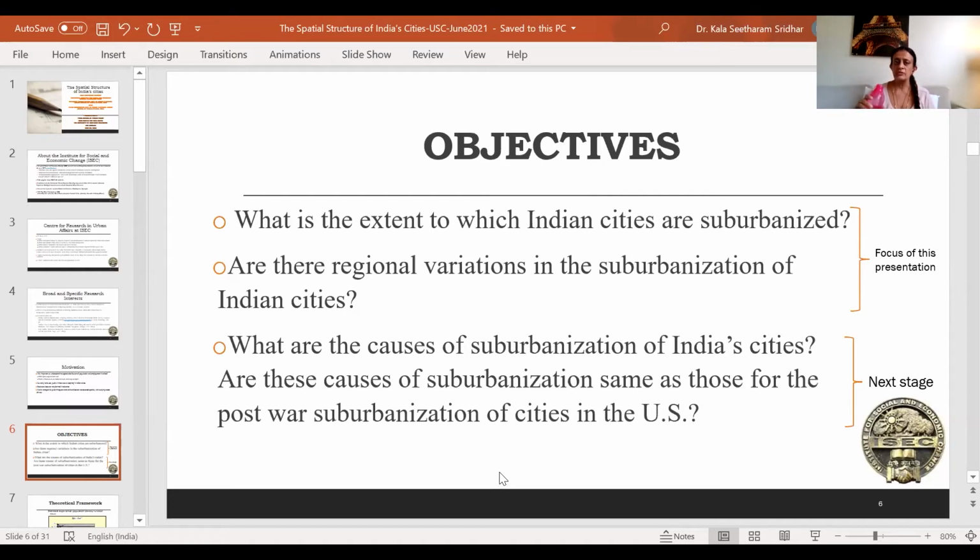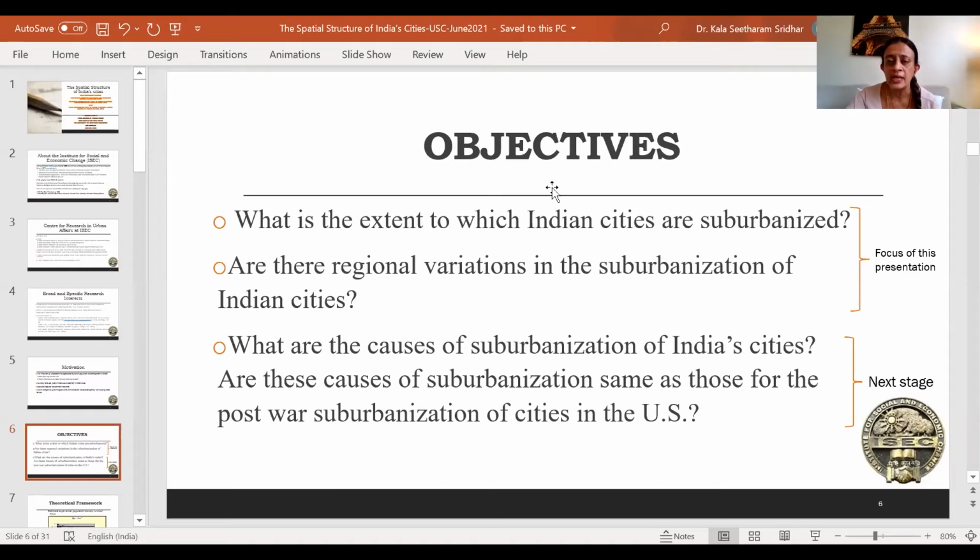So the objectives are to find out, one, if India's cities are suburbanized, and if yes, to what extent they are suburbanized. The second question is, are there regional variations in the suburbanization of India's cities?